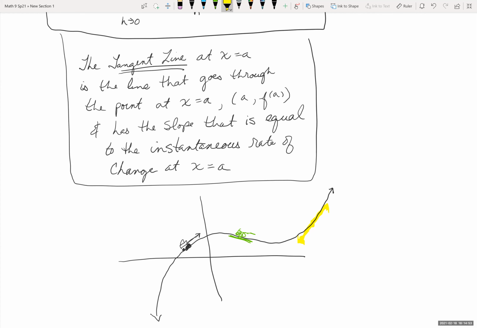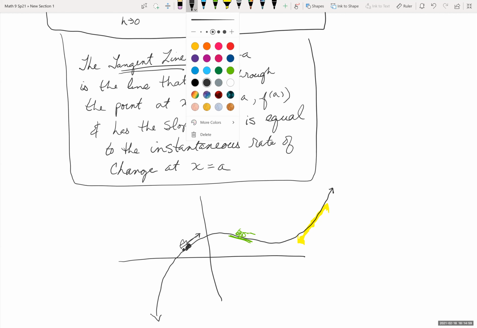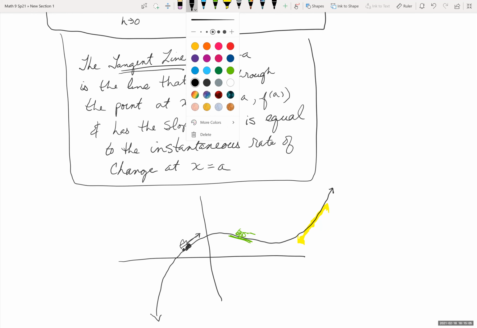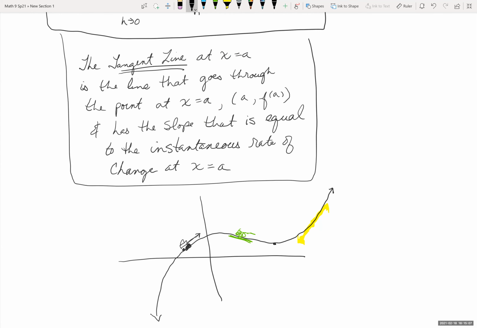So these are all tangent lines at particular points on x equals a. So right here, my headlights would be pointing this way. Down here, they'd be pointing this way. Okay, so those are what our tangent lines are going to look like.